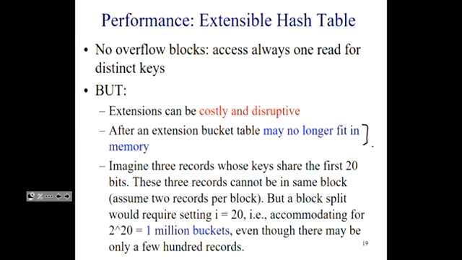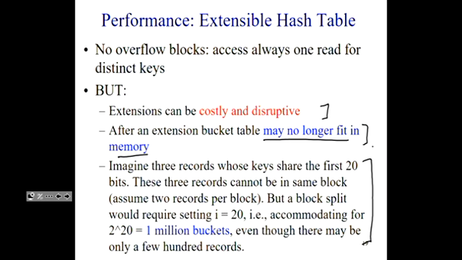The second issue is that after you do this doubling, this new bucket table may not fit in memory. This is also not a desirable solution, because if the bucket table does not fit in memory, then you're going to have to spill to disk, and retrieving stuff from disk isn't cheap. The third issue was that often this mechanism would end up allocating space in the bucket table even though it was not actually necessary.